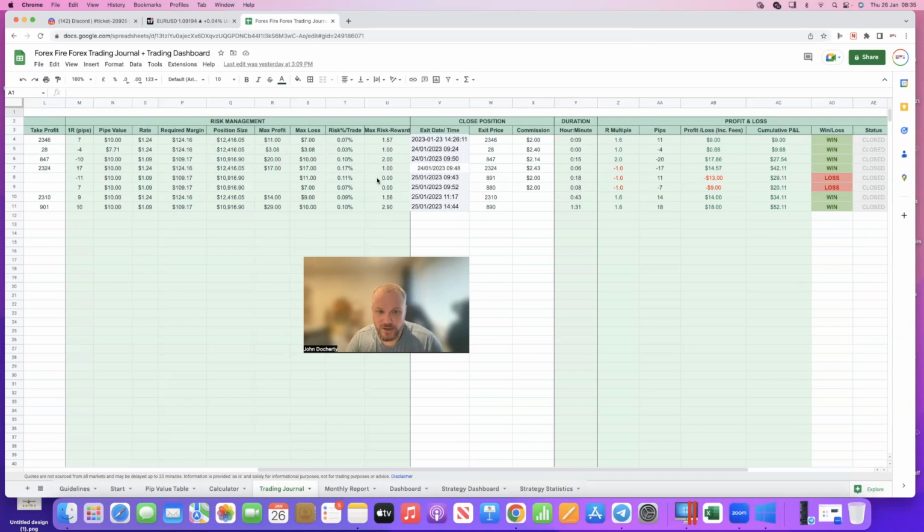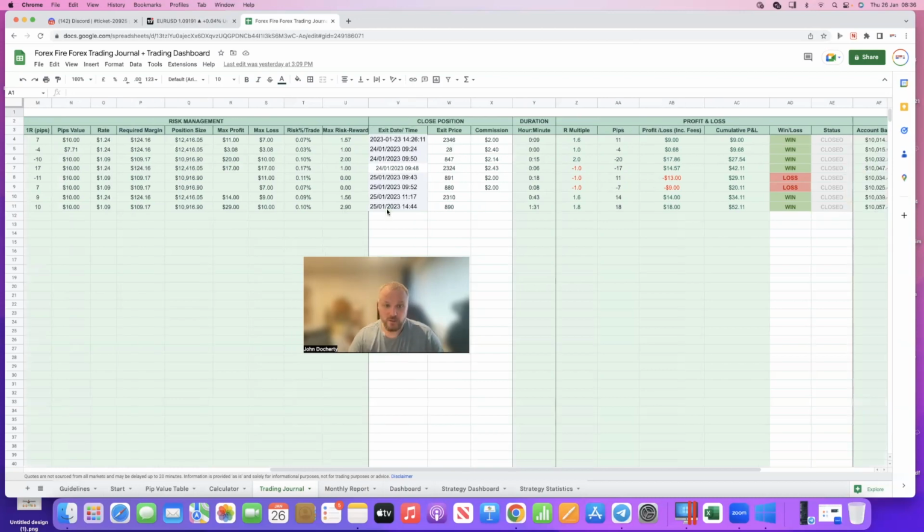This one here lost, so we go -1. This one here lost, so it's a -1%. And then we got plus 1.56, and then we got a big, nice 2.9, which would have been a 2.9%.